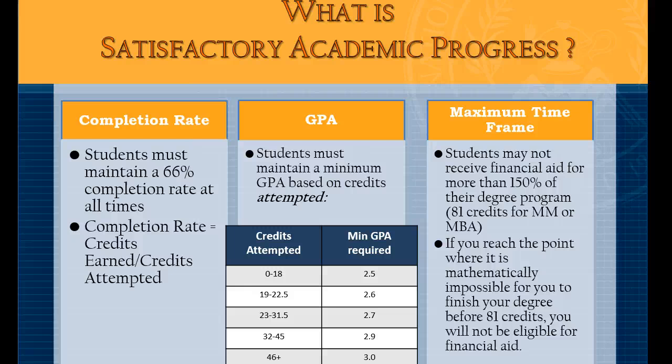And your financial services representative and your grad advisor will keep you apprised of your SAP progress all the time, so nothing will be a surprise to you. We just want to make sure that you know about what the standards are from the very beginning.